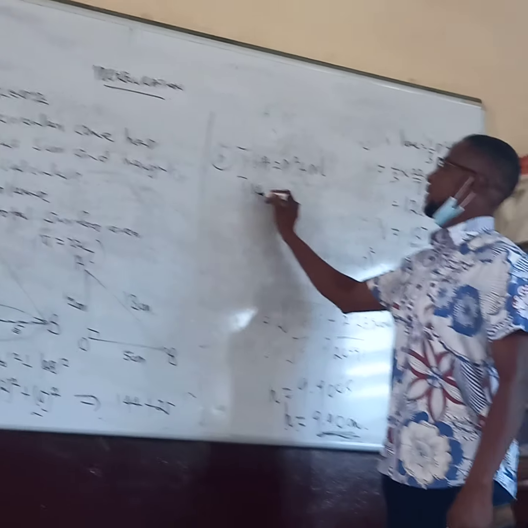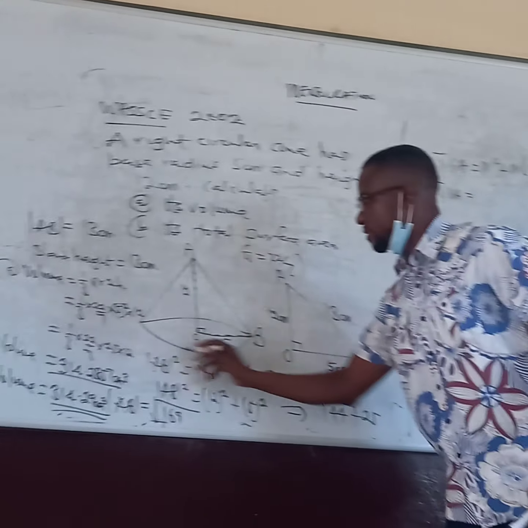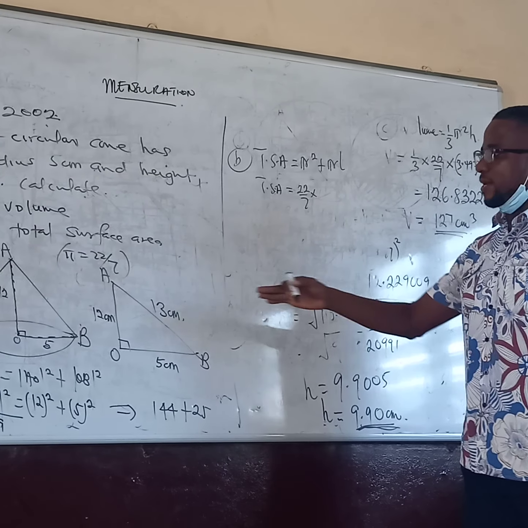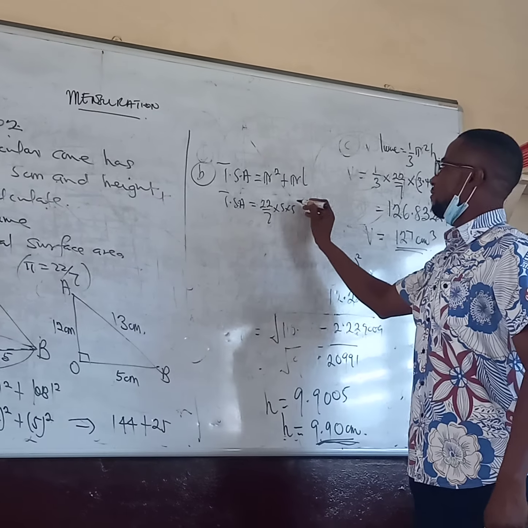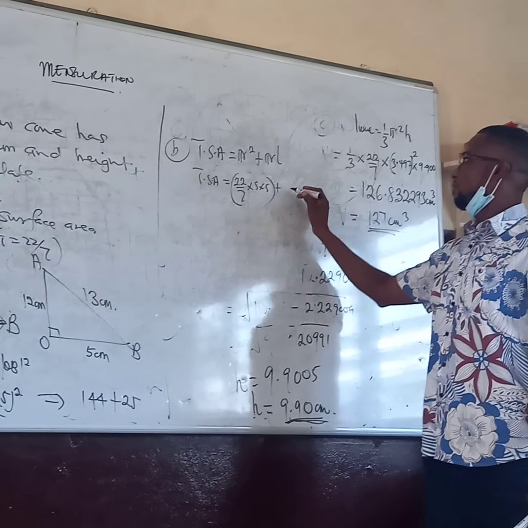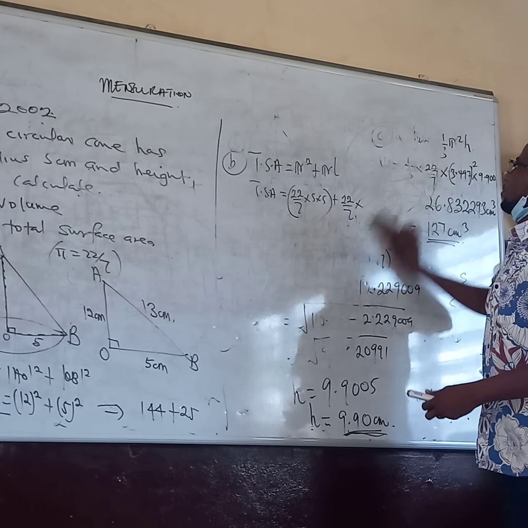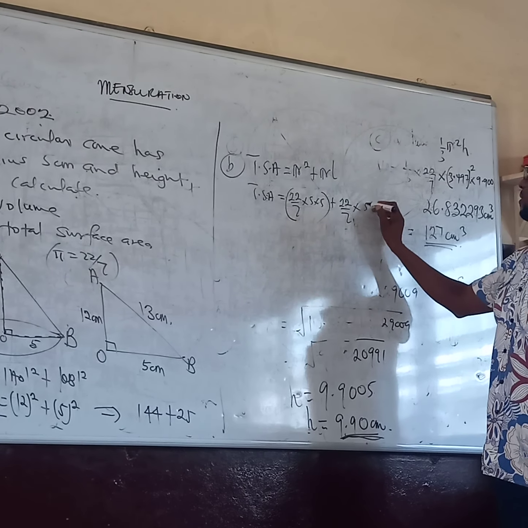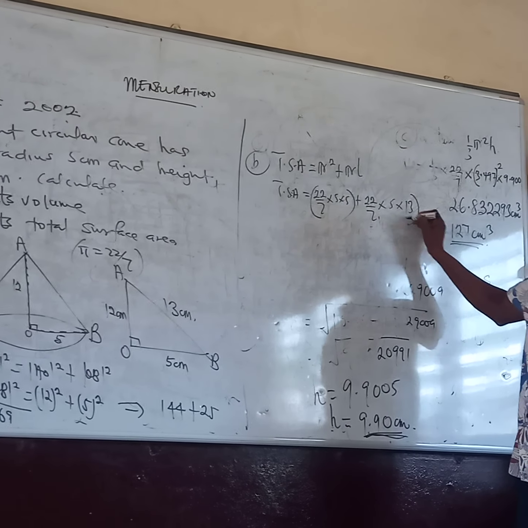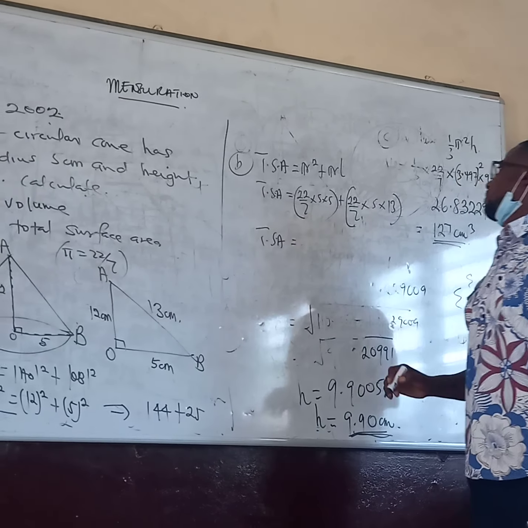So TSA will give us the area of the base, which is 22/7 times the base radius 5 squared, plus the curved surface area, which will be 22/7 times the base radius times the slant edge, which is 13. And then we simplify the whole summation.